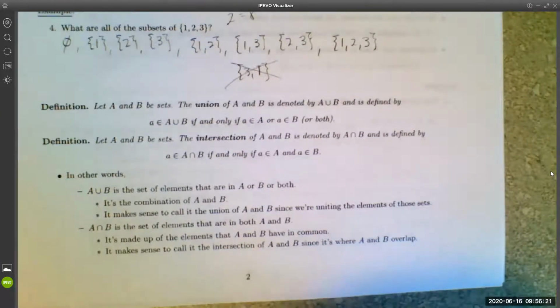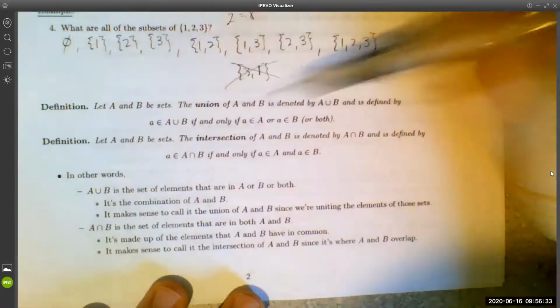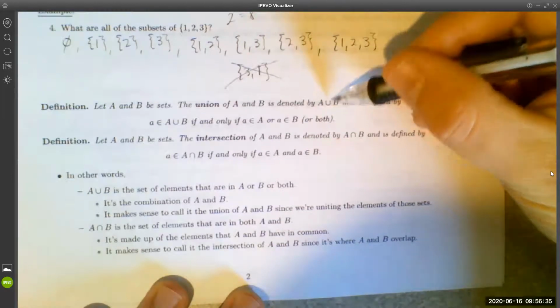Last but not least, we'll talk about some set operations, unions and intersections being some of the most common. So let's say that A and B are sets. The union of A and B is denoted with this U symbol.